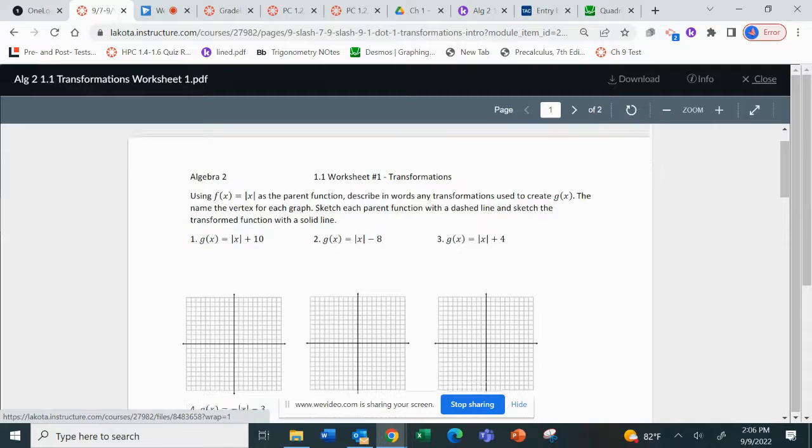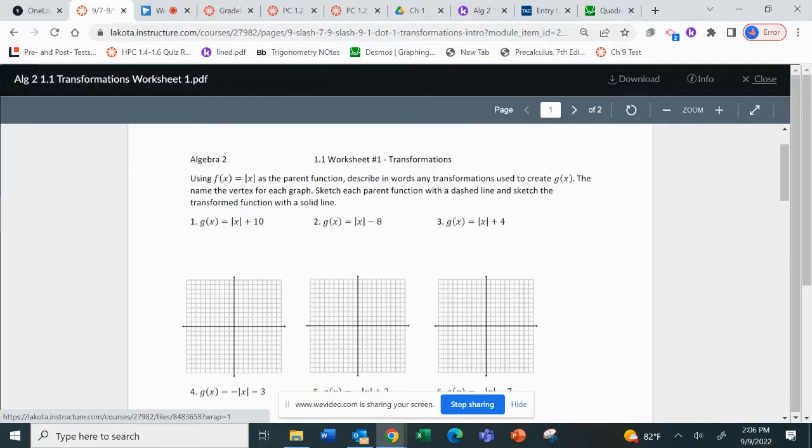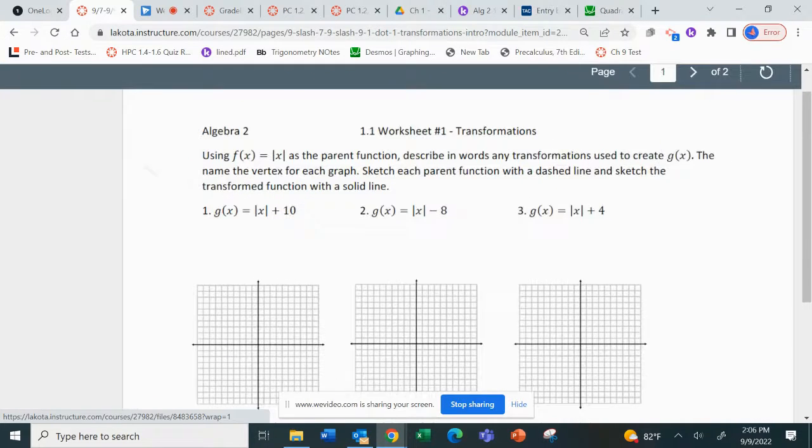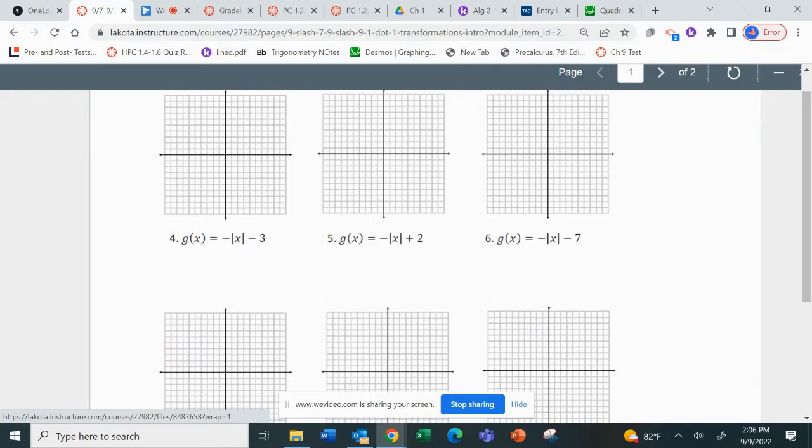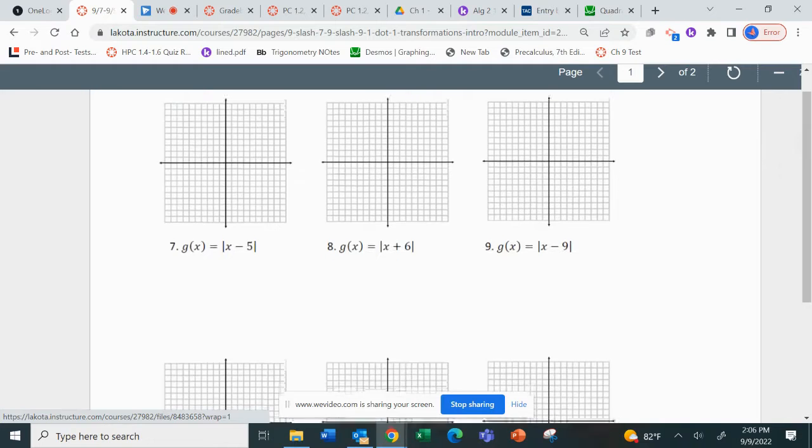We definitely did a lot of them on the TARP yesterday. So number 1, 2, 3, we did all of those on the TARP. You should be able to answer 1, 2, and 3. Number 4, 5, 6, you should be able to do, because we all did those yesterday.